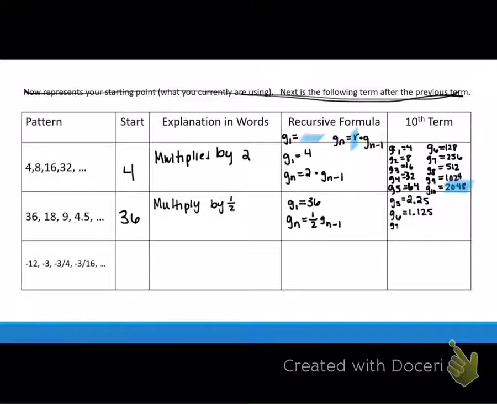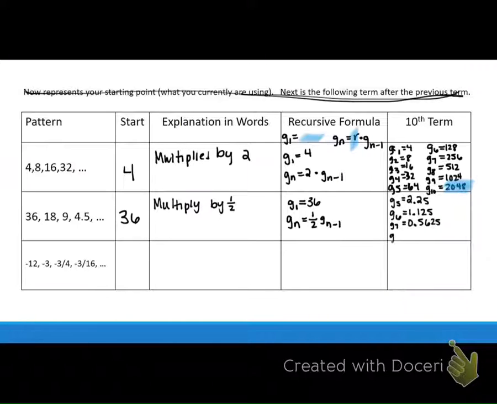Are you doing G sub 7 right now? No. Can you do that for me? Can you multiply your answer by 1/2? 0.5625. Jana, do 0.5625 times 1/2.